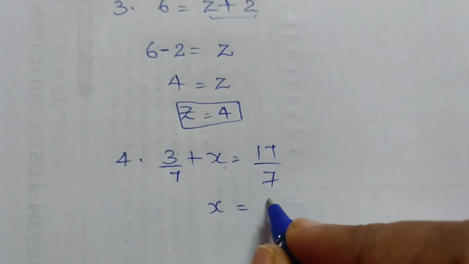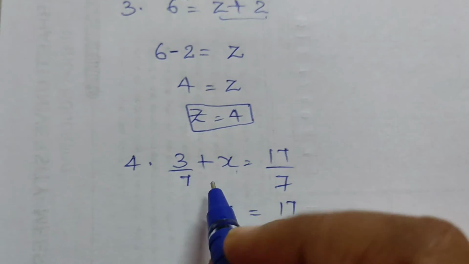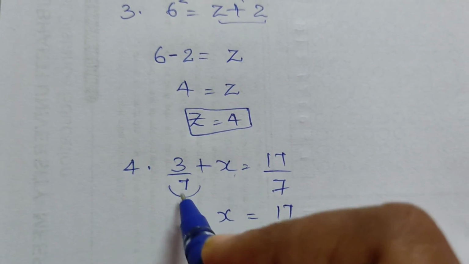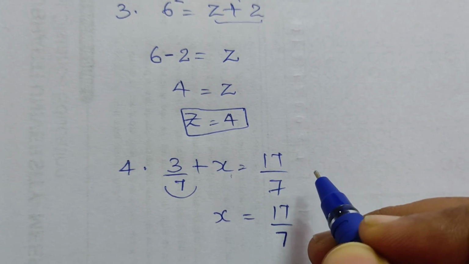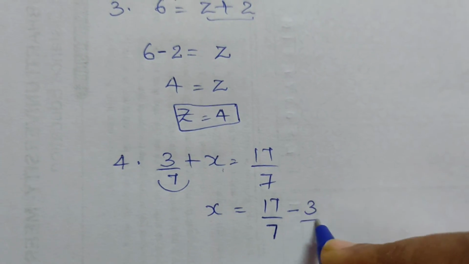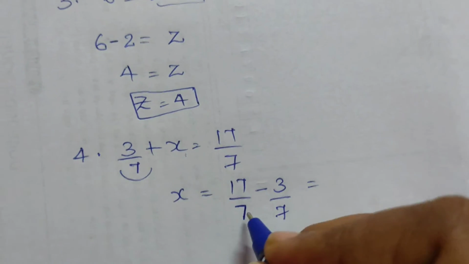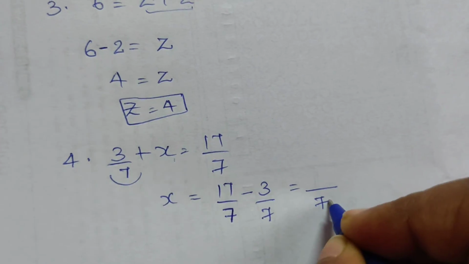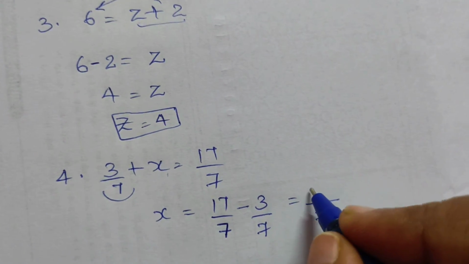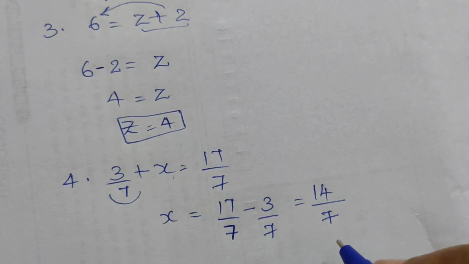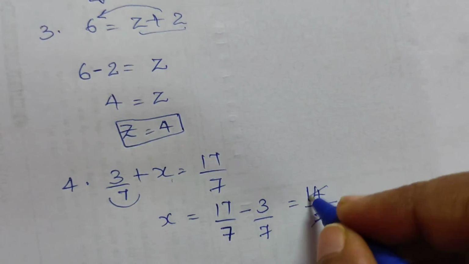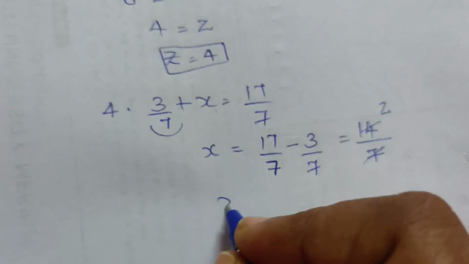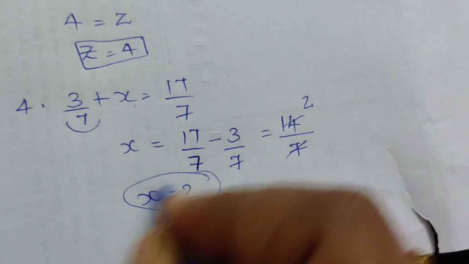So x is equal to 17 by 7, and we shift this from left hand side to right hand side. So this becomes minus 3 by 7. This is a fraction, the denominator is the same, so it remains the same. 17 minus 3 is 14. 14 by 7, we can cancel, 7 ones are 7, 7 twos are 14. So the value of x is 2.